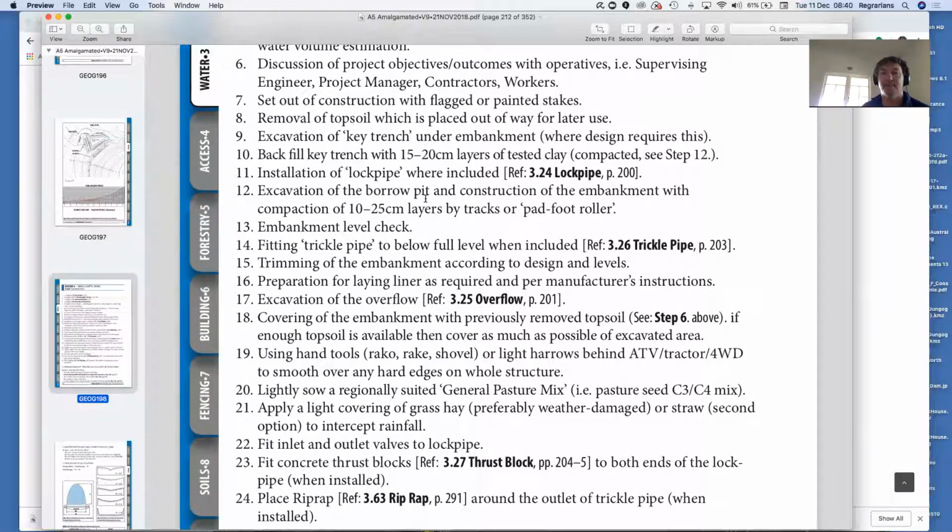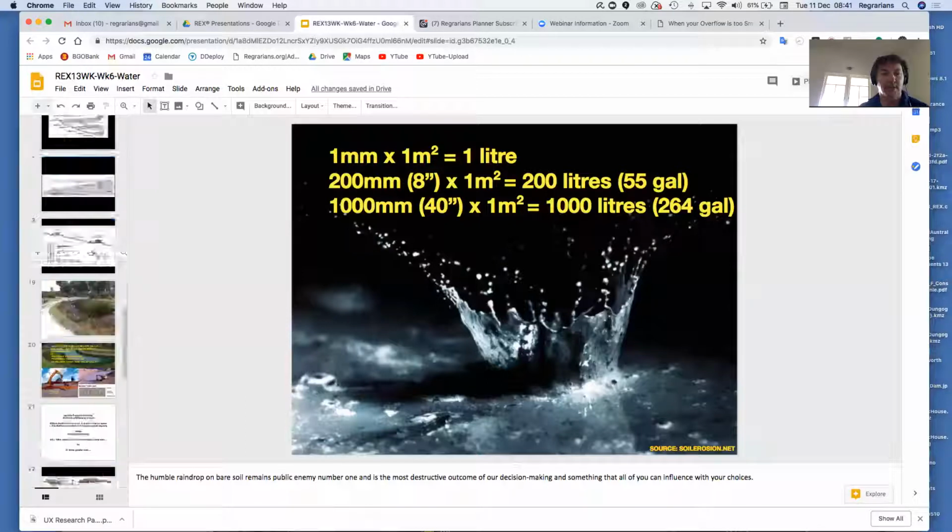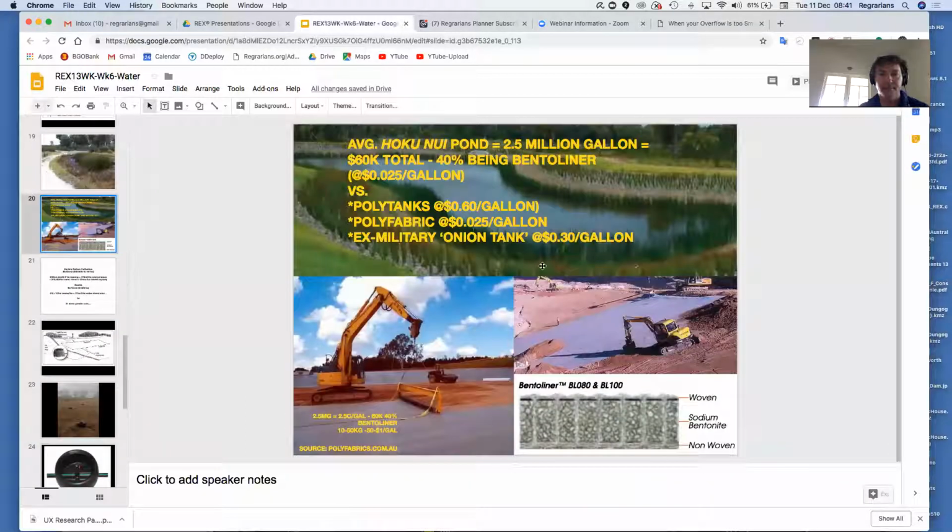You might trim the whole structure now that you're up to the particular levels that you want, and then prepare. If you need to put a liner in, then you might look at doing that. I'll just switch over to here for a moment to have a look at a liner. If anyone's interested in talking about liners more, we often use what's called bento liner.